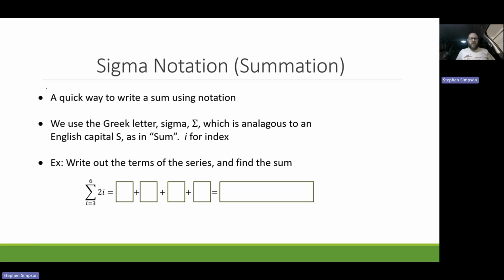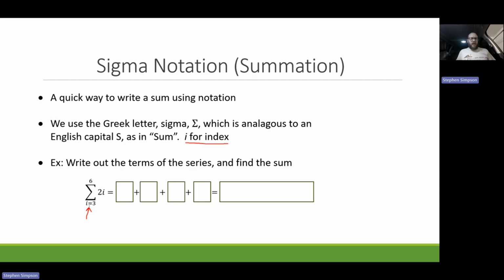One type of notation that we see connected with series is called sigma notation or summation notation. And it is a quick way to write a sum using notation. We've got this Greek letter sigma, which is sort of like a capital S, S as in summation. So here's our sigma. On the bottom, we have this variable i, and there's nothing special about the variable i except that it's the first letter of the word index, and an index tells you where something is located.